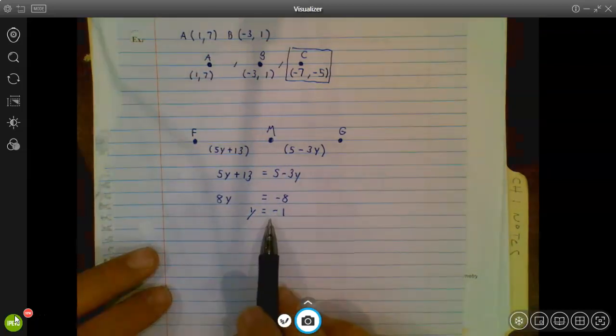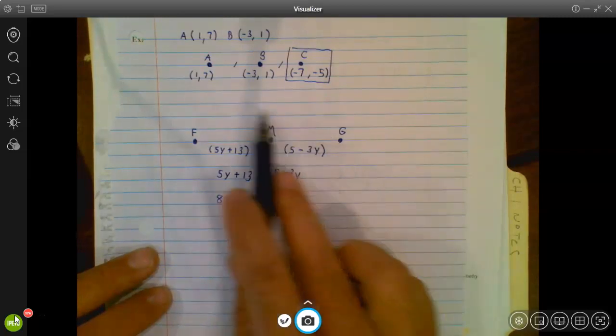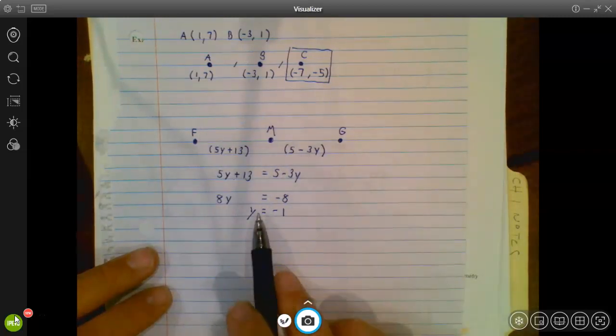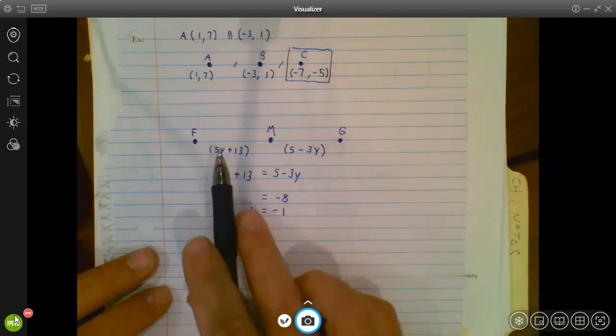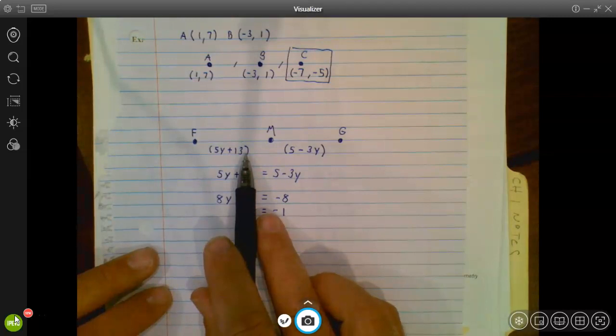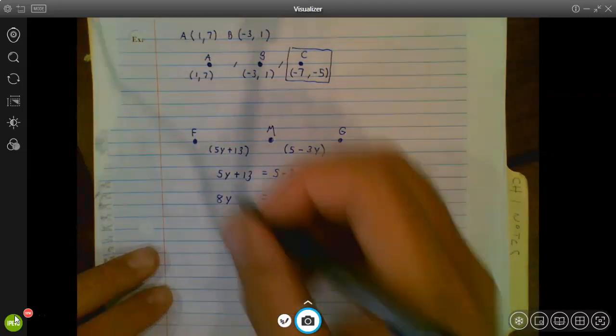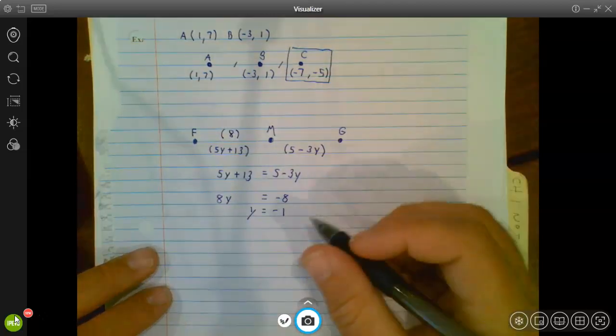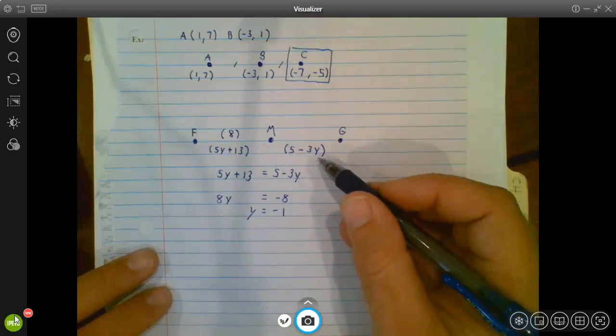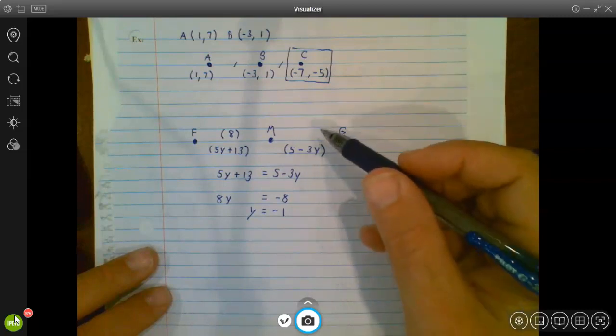So if y is -1, how do I figure out what FG is? Let's just plug it back in. So if I take my -1 and put it right there, what is 5 times -1 plus 13? It would be 8, right? So I know that FM is 8. Now I could plug this back into here, but if you think about it, we already know what this is.